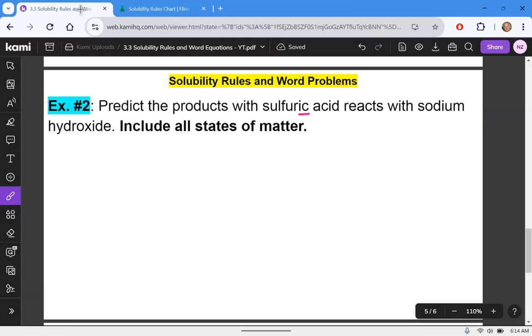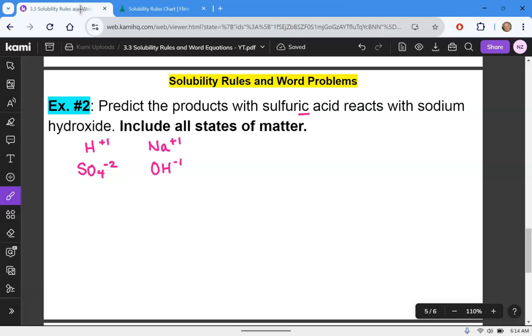So I have hydrogen and I have sulfate, so this is -2. Hydrogen is +1. And it's saying it reacts with sodium hydroxide. Sodium is Na, and sodium is +1. Hydroxide is OH, -1.